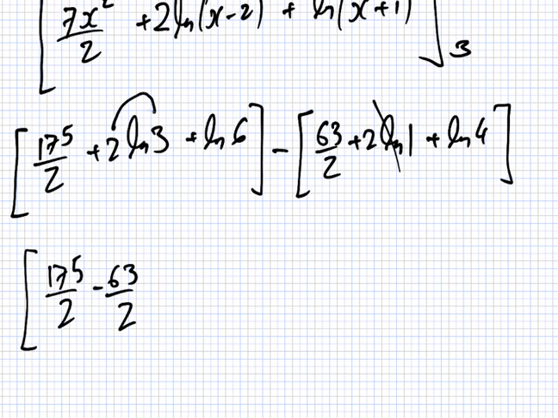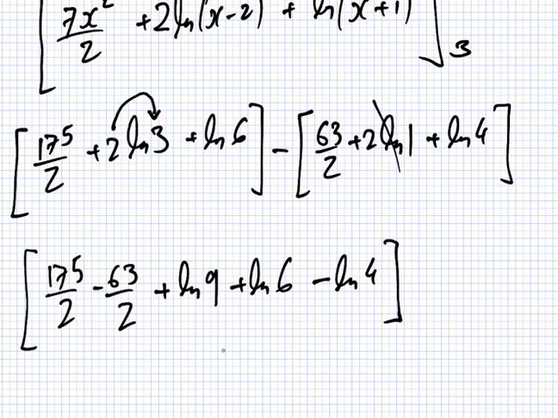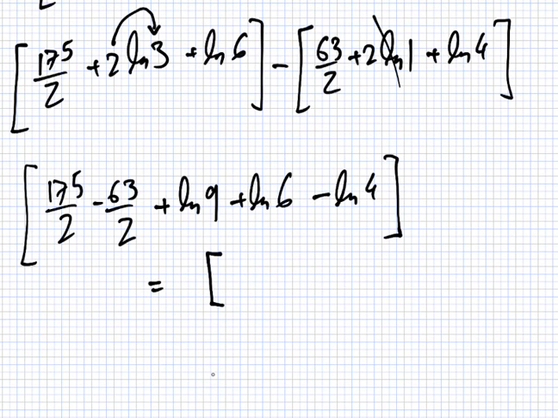Now this can go up to the top as a power. Plus log 9 plus log 6 minus log 4. Okay, 112. Is that right? 112, 56, yeah. 56, these get multiplied.